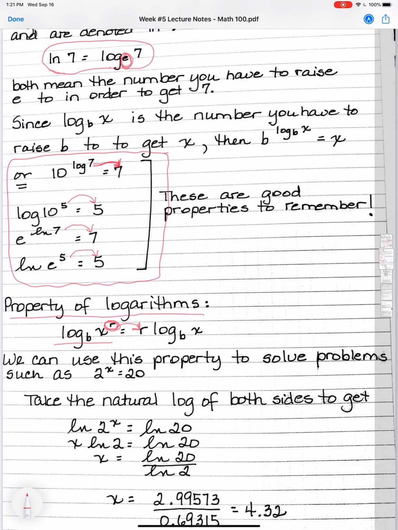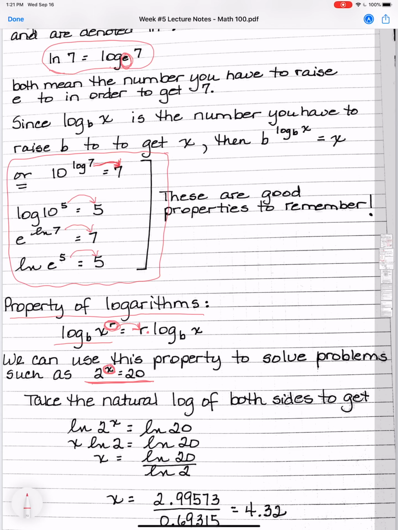So log base b of x to the r is going to be the same thing as r times log base b of x. So you can bring that power down front and make it a multiplier. That'll be really handy for you in the homework. So we can use this property to help us solve problems like 2 to the x power is 20. So we don't normally have to solve for x when it is an exponent, but using logarithms we can.